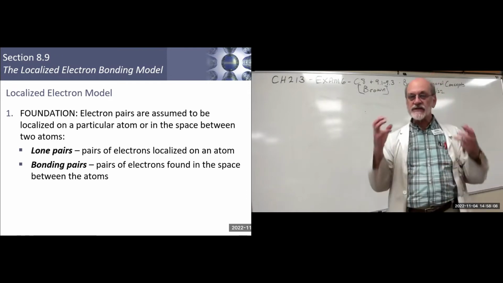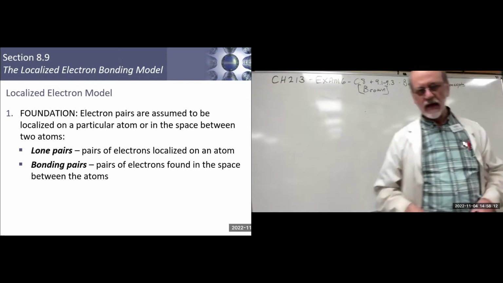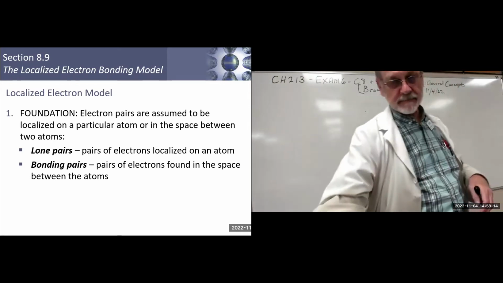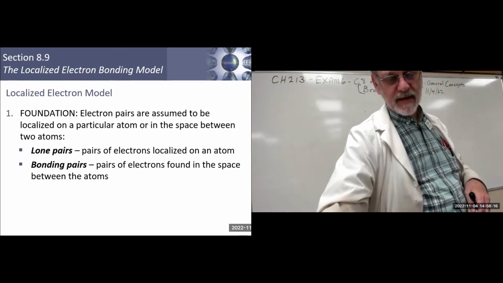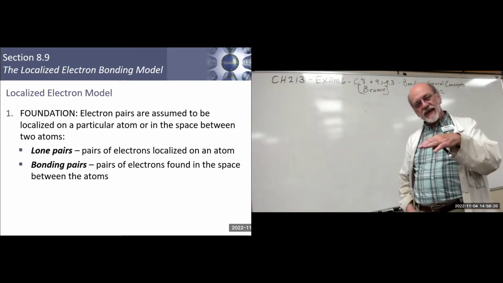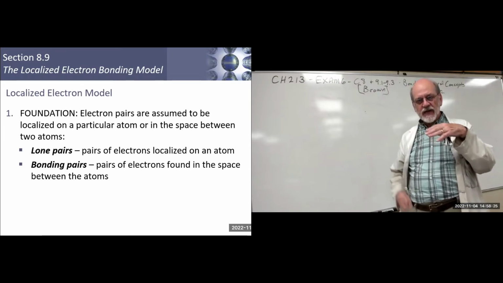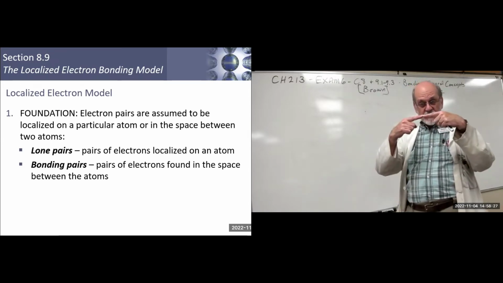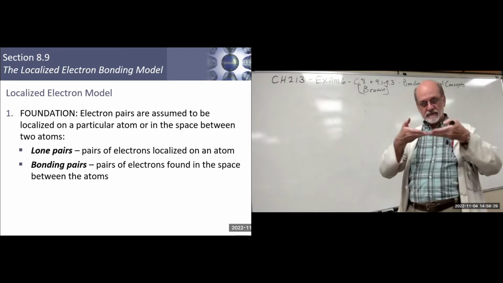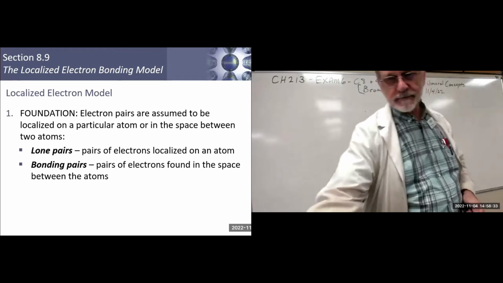In other words, they stay with the atom. They're not shared. And I'm going to show you what that means in just a minute. Oh, by the way, those bonding pairs occupy a space between the atoms for which they're bonding. Sometimes they're on axis between the atoms, and sometimes they're off axis. We'll talk more about that in the second semester.